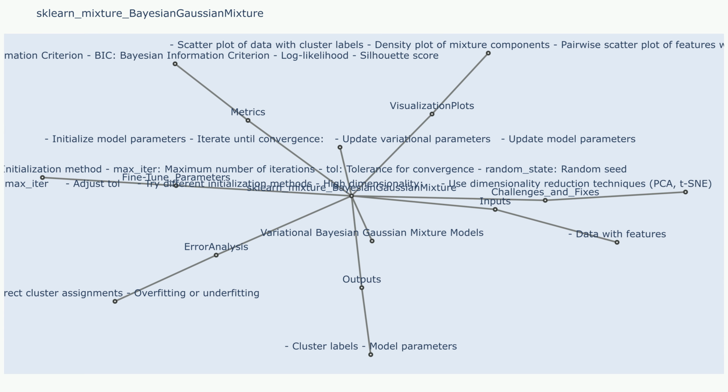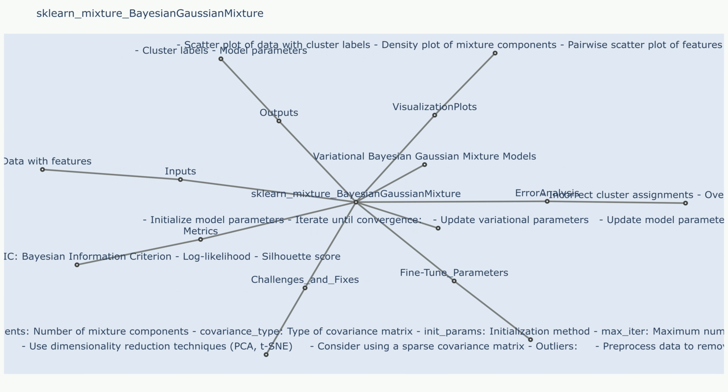Inputs: X, a 2D array of shape n_samples, n_features, representing the data points. n_components, an integer specifying the maximum number of components to consider. The model will automatically determine the optimal number of components within this range based on the data.